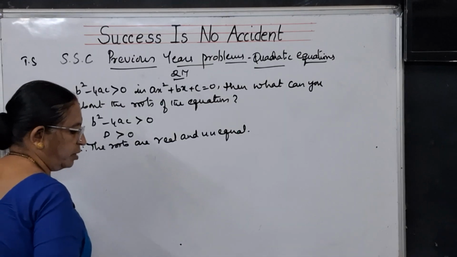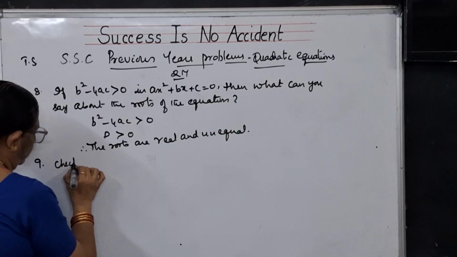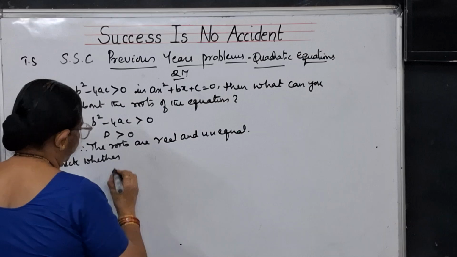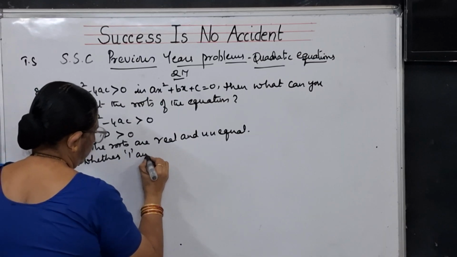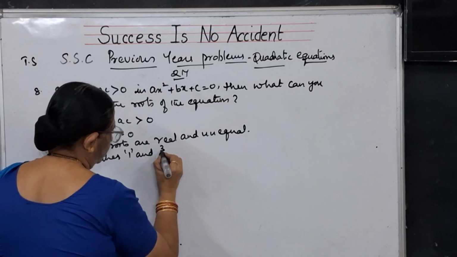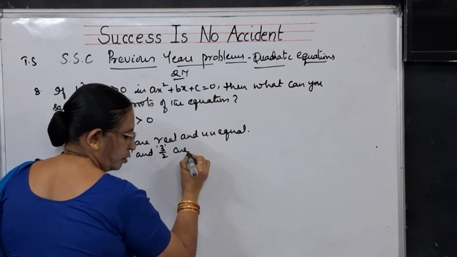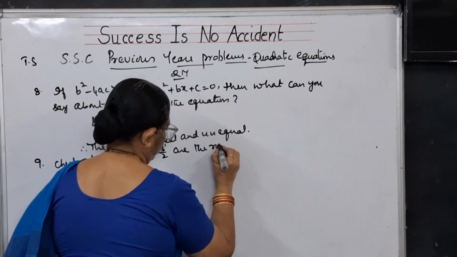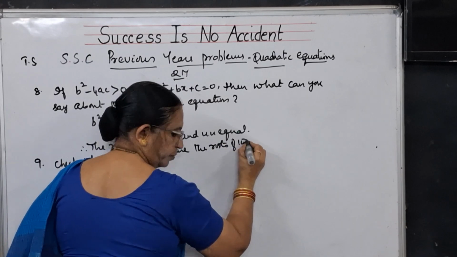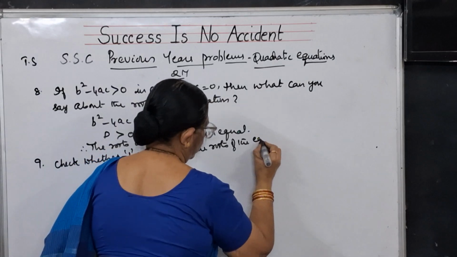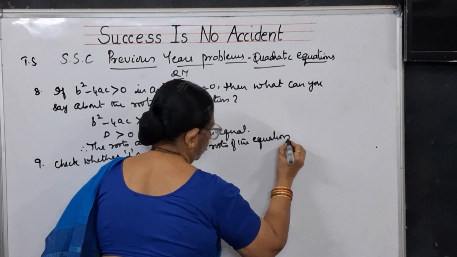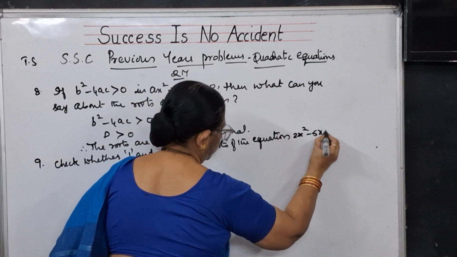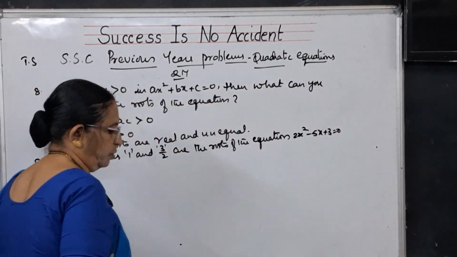Next problem I will do. Check whether 1 and 3 by 2 are the roots of the equation 2x square minus 5x plus 3 is equal to 0.